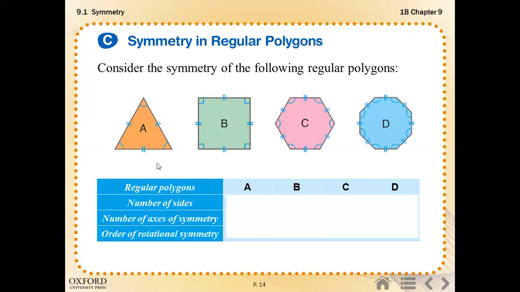The first one, look for the axes of symmetry. You can see there are 3. The second one, there are 4. The third, what figure is this one? It's a hexagon, 6 sides. So, how many axes of symmetry? Let's count.